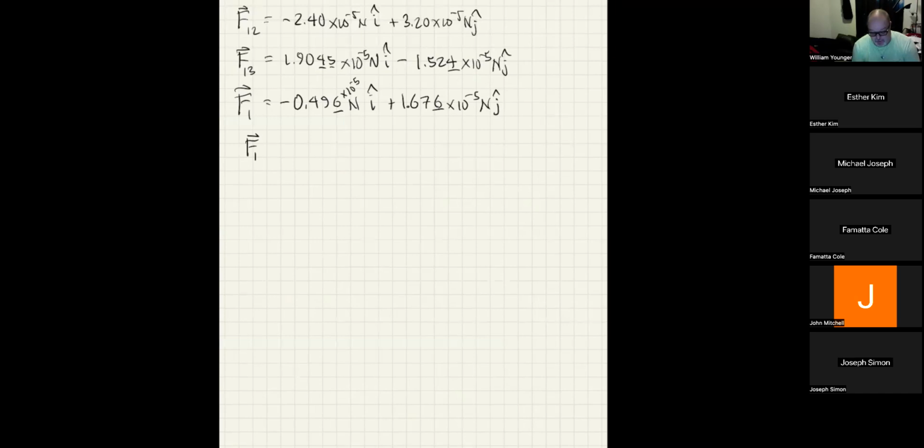And I'll go ahead and write right here that we get negative 0.496 times 10 to the negative fifth newtons in the i hat direction, plus 1.676 times 10 to the negative fifth newtons in the j hat direction. And I'm carrying one extra sig fig on both of those.